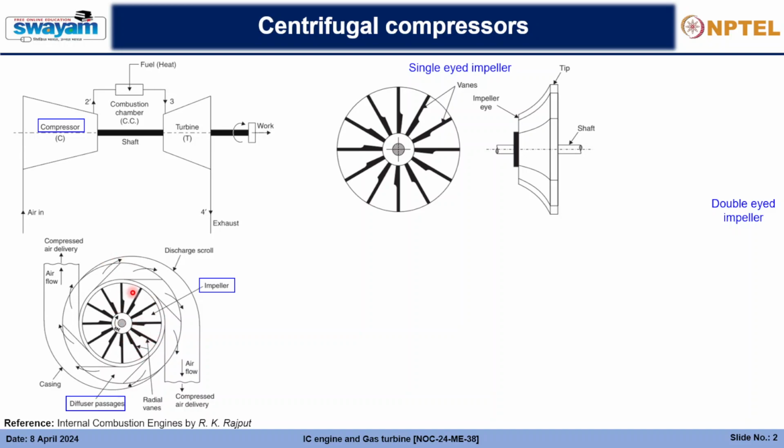As a result, the kinetic energy and the pressure energy of the air are both increasing, and then the air goes through the static part, which is the diffuser. These are the diffuser passages.